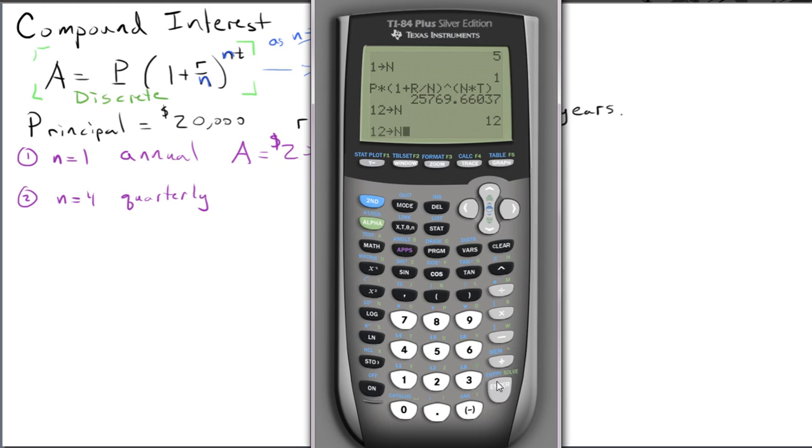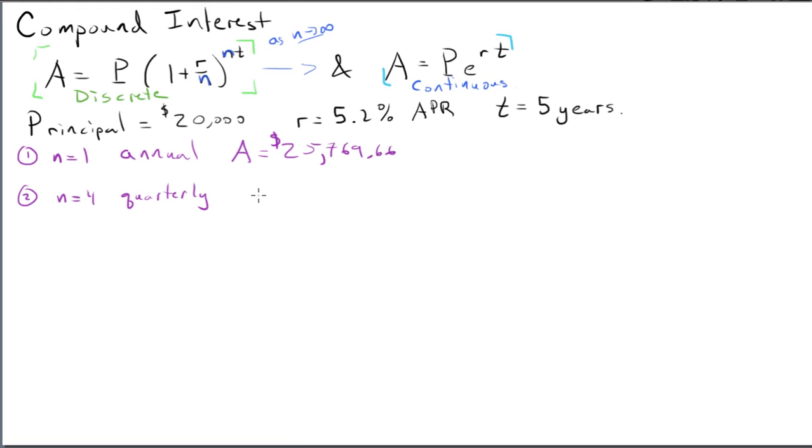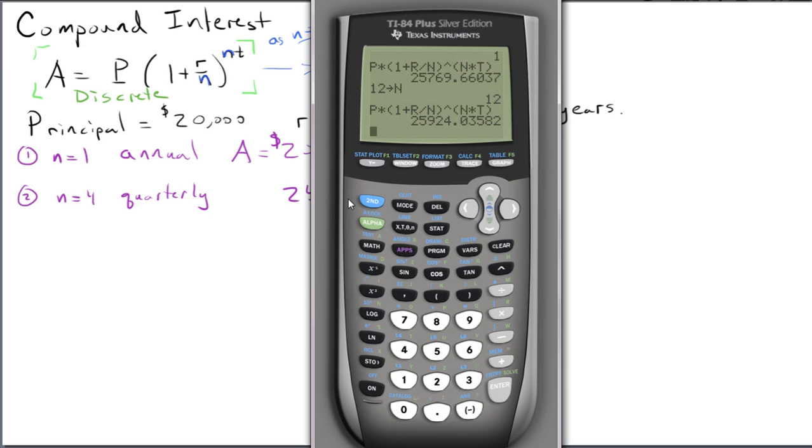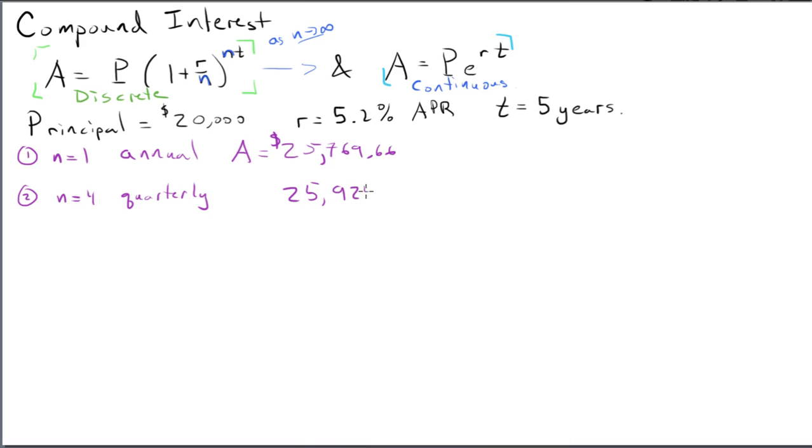And I'm going to go back to my previous entry there. 25,924.04. That's the quarterly amount.